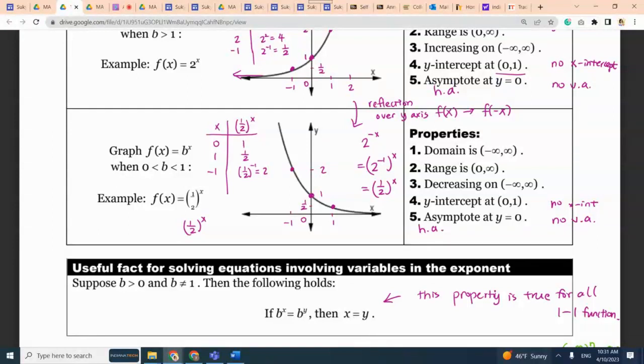So an exponential function is one-to-one. Therefore, we have this property. As long as you make sure the bases are the same, then you just set the exponents equal to each other. Okay, everybody? So let's do examples.